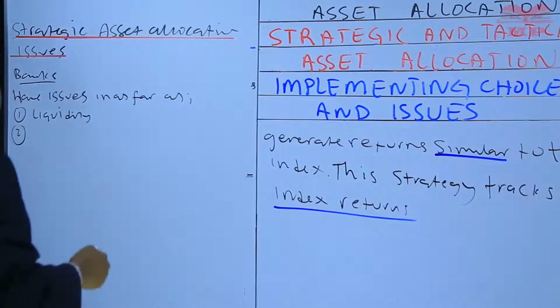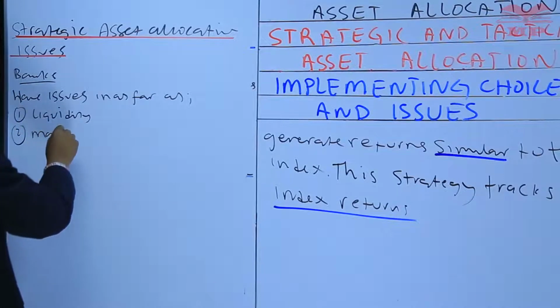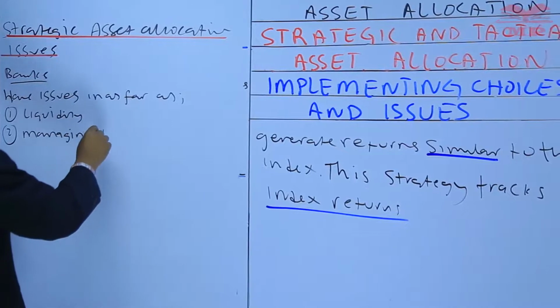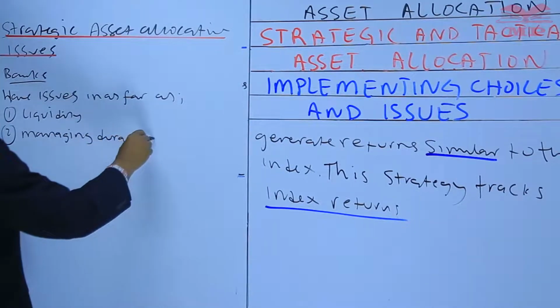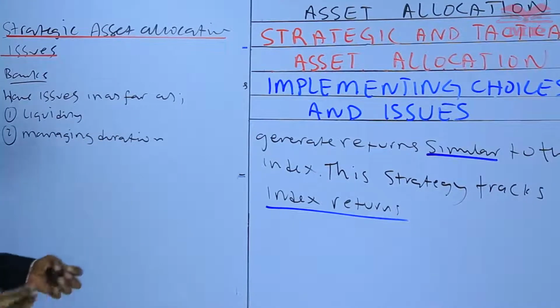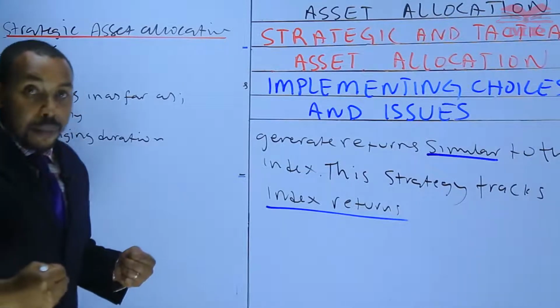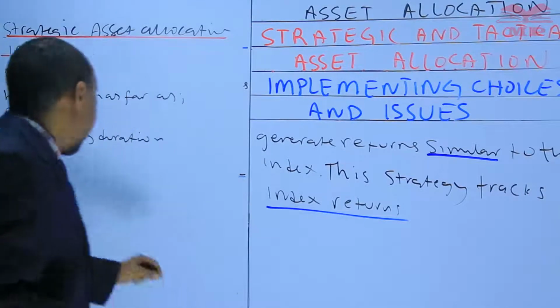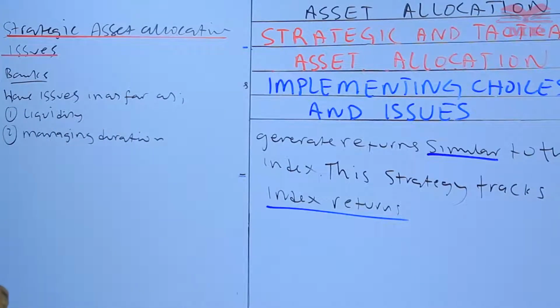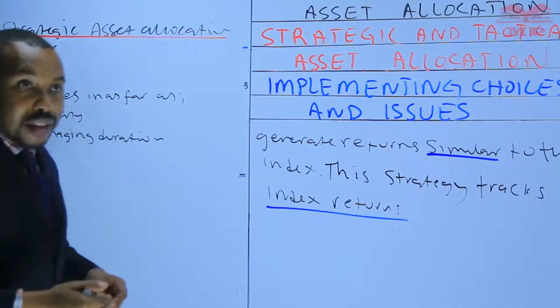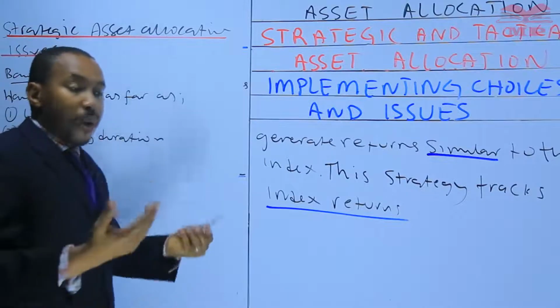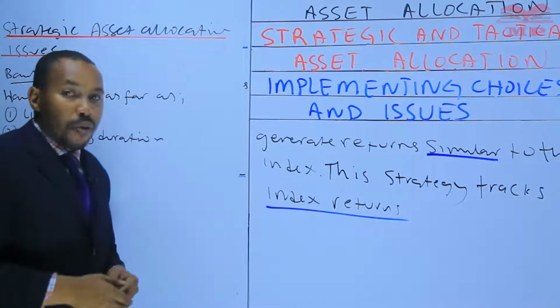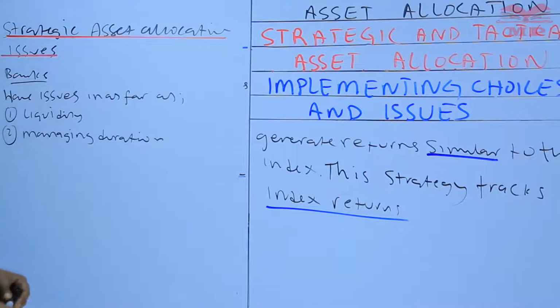managing duration, or the amount of money that they should hold within the bank, or should they actually lend the money more? In terms of liquidity issues, they're asking, should we maintain or comply with the Central Bank of Kenya's requirements for liquidity?